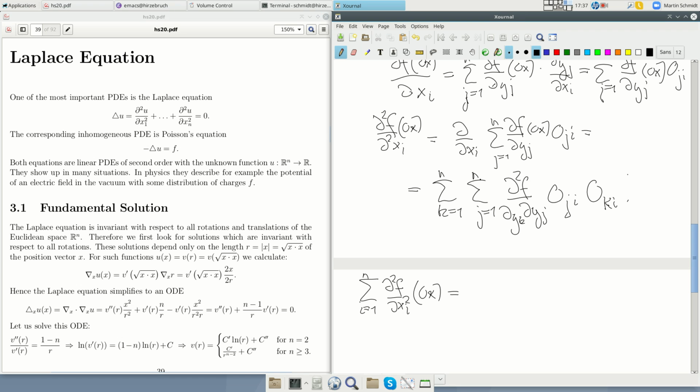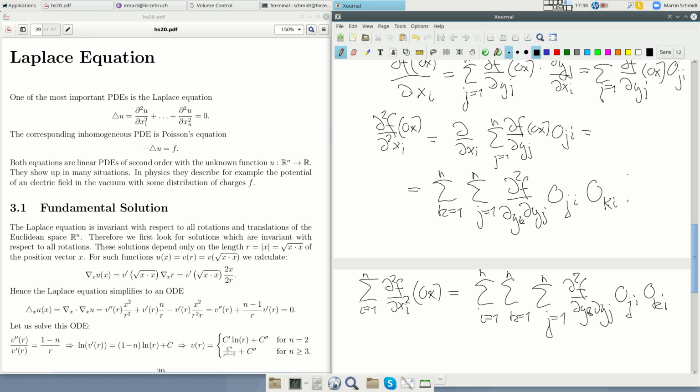Now we have these three sums. Sum i equals 1 to n, sum k equals 1 to n, sum j equals 1 to n, d squared f over dy_k dy_j, O_ji O_ki.